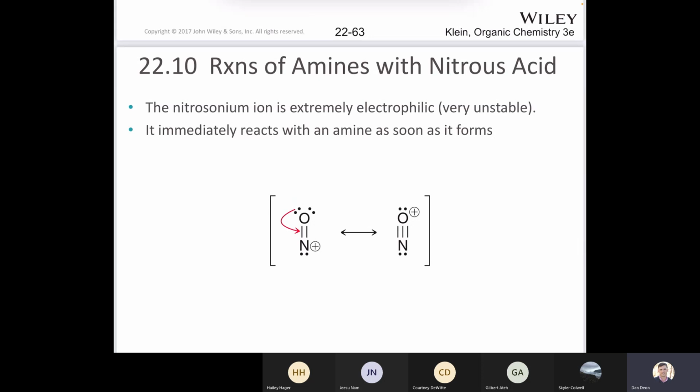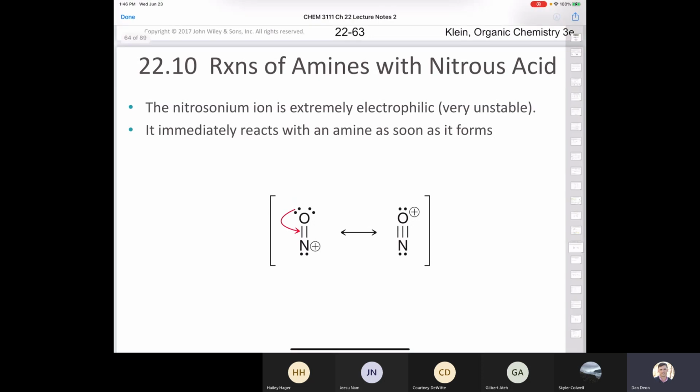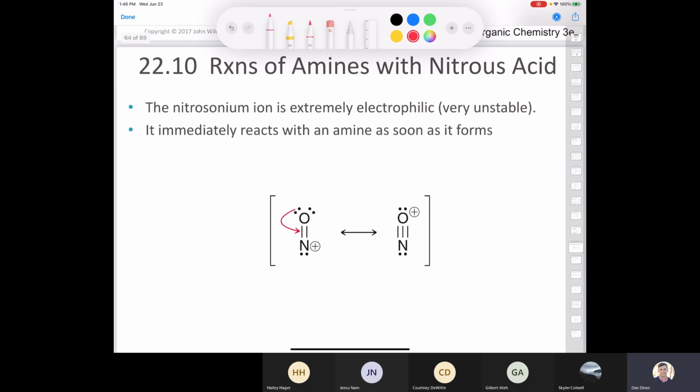If you take a look at these two resonance structures, I'm going to ask you a question about this. If I call the first one A, and I call the next one B, could anybody tell me which one of these would probably contribute more to the resonance hybrid overall, or just maybe even make a guess?